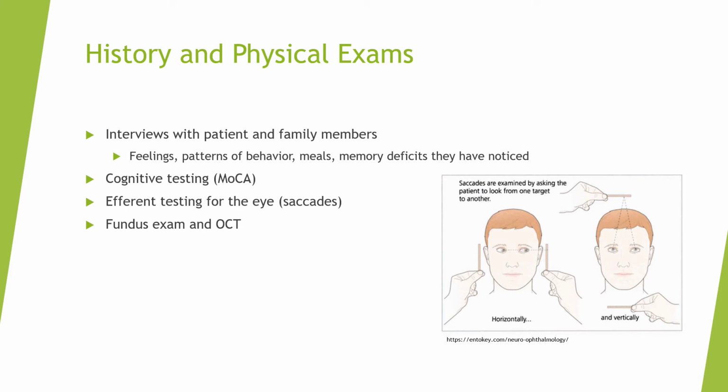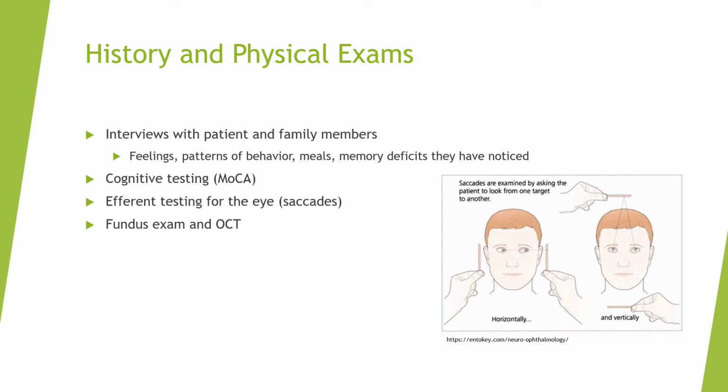to adapt. Cognitive testing, such as MoCA, is a way to objectify cognitive impairments, and efferent testing for the eyes, including saccades and extraocular movements, will tell you if the cranial nerves are intact.